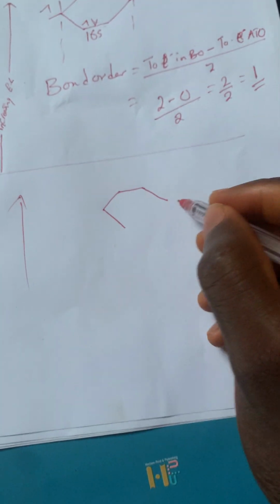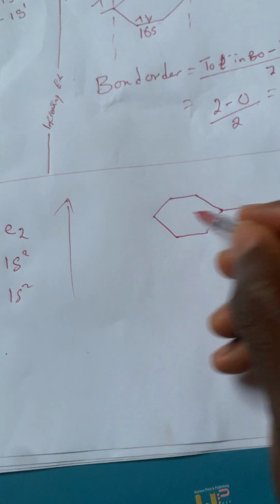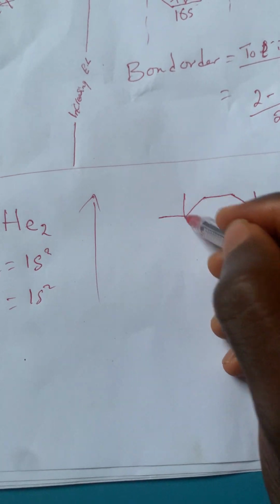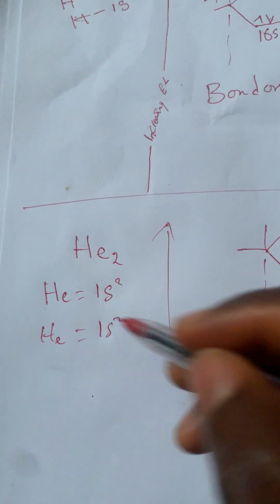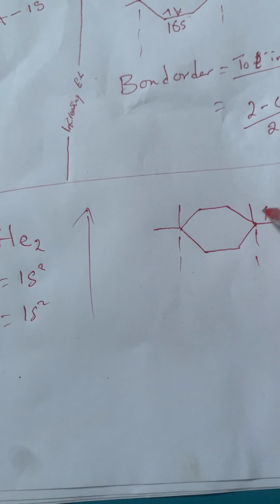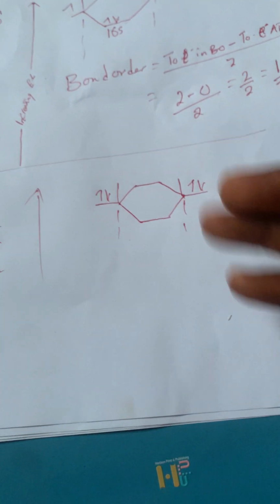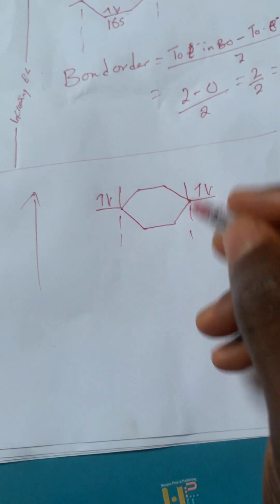Now after that, you bring the 2 electrons of each helium to these sides. Then you share them inside the orbitals. Now before you go, indicate the bonding orbital and antibonding.